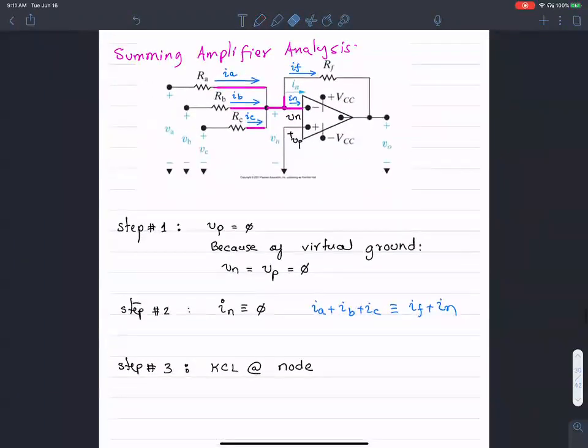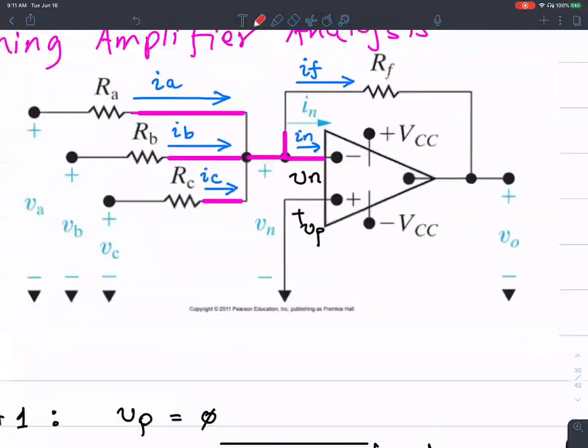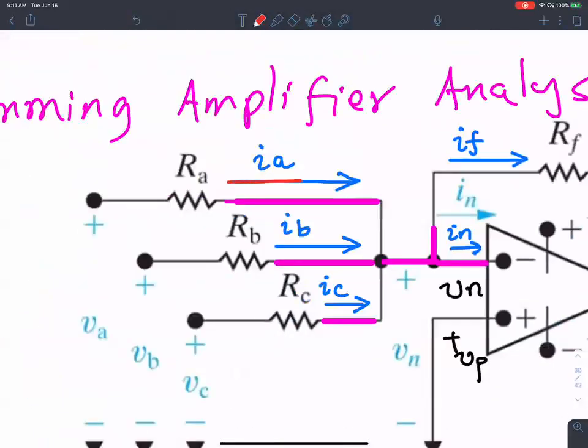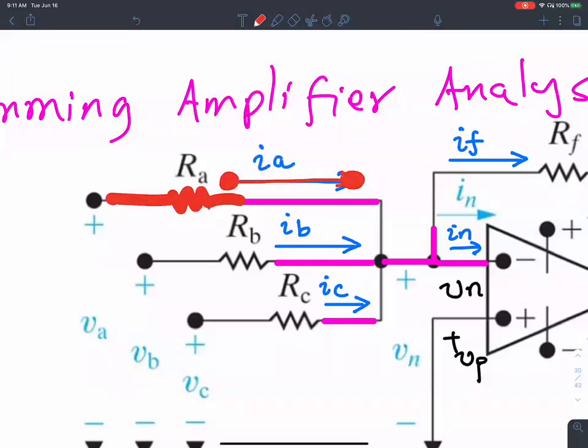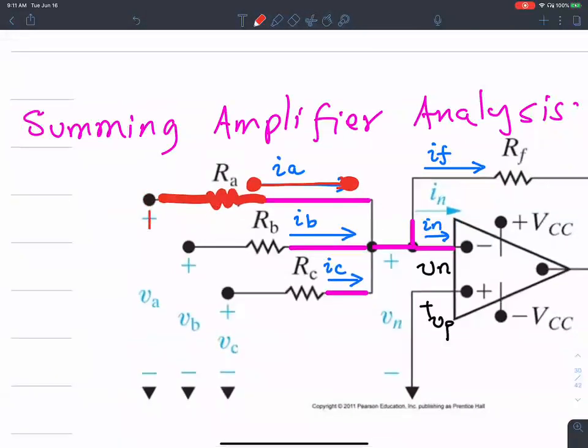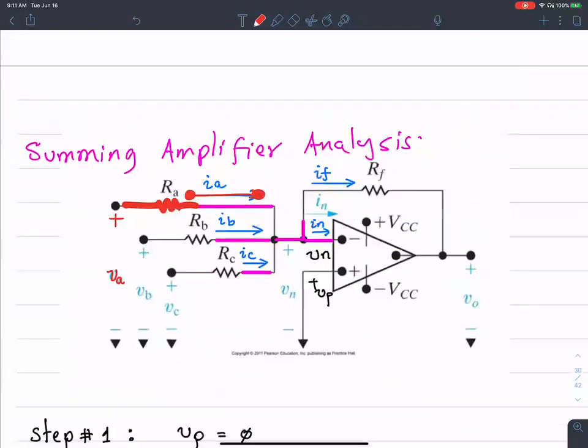So let's see IA. IA is flowing in this direction, so it is the voltage at the left minus the voltage on the right, over this resistance. The voltage on the left is VA, one of the input voltages that I'm applying.